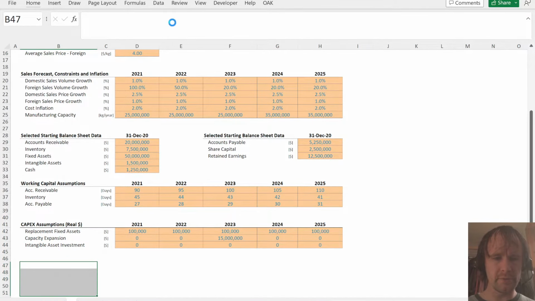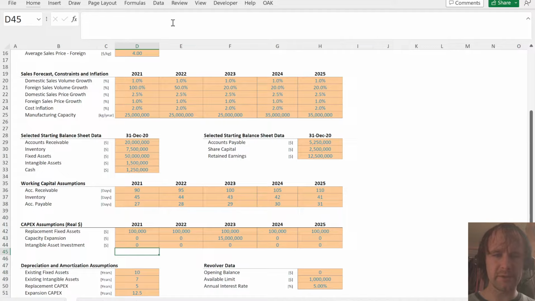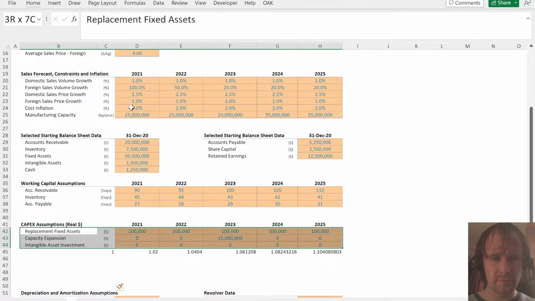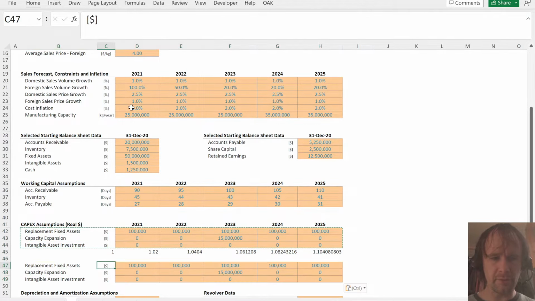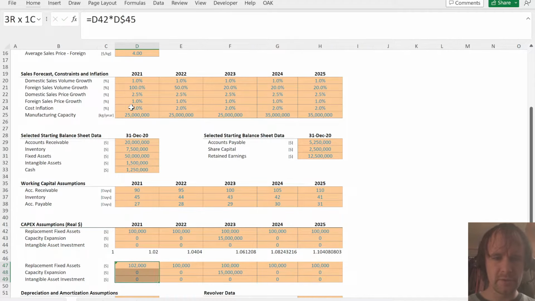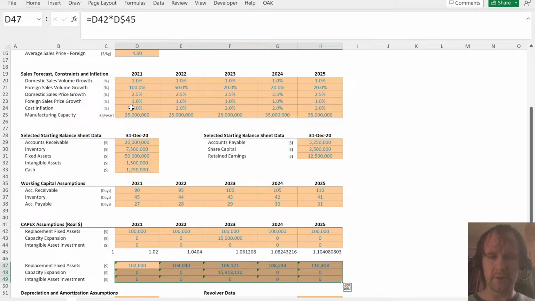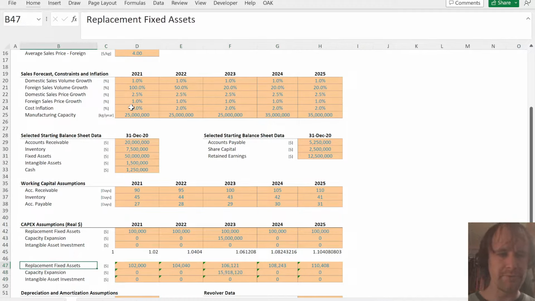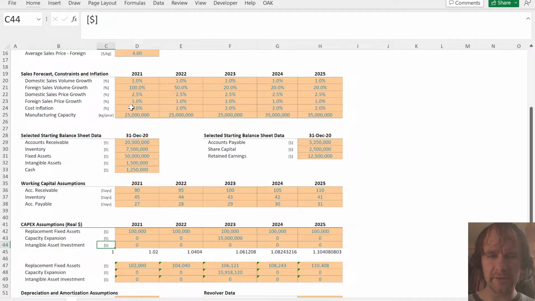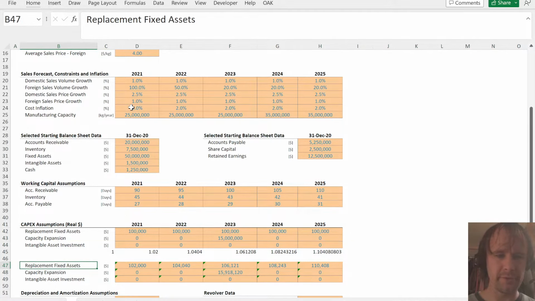So this is why I should have had a cost index, but never mind. So I'm just going to say 1 plus this times this. Start at 1. Again, I'm being super sloppy about my formatting, but I'm trying to go fast, so it is what it is. So these are the real, the nominal numbers. Okay. Intangible asset investment, oh, it's 0. Okay, fine. So I don't need to do anything with that.